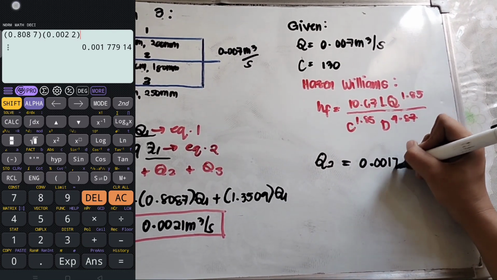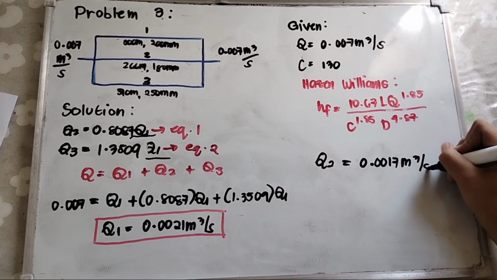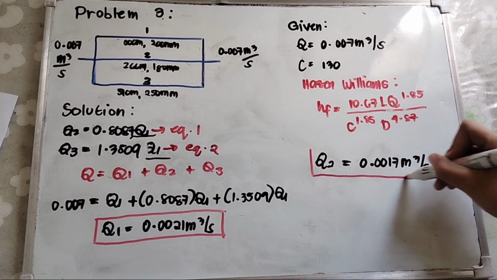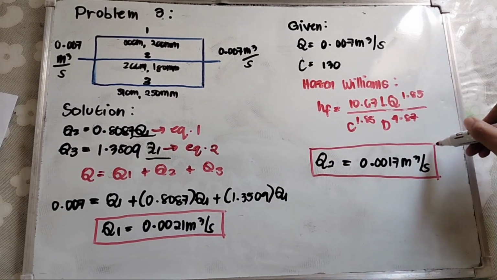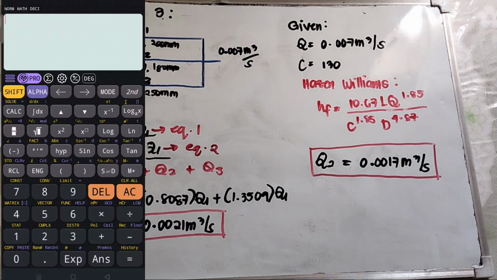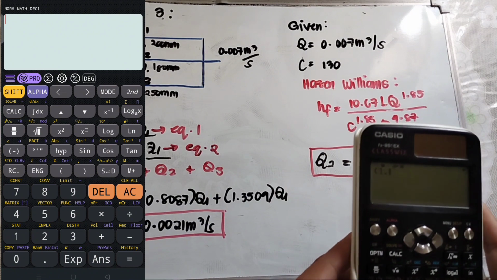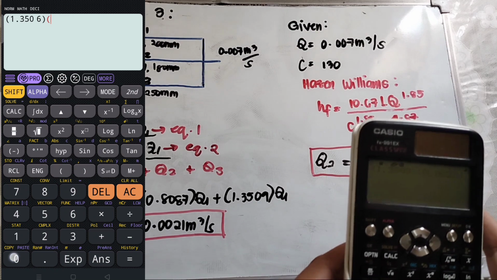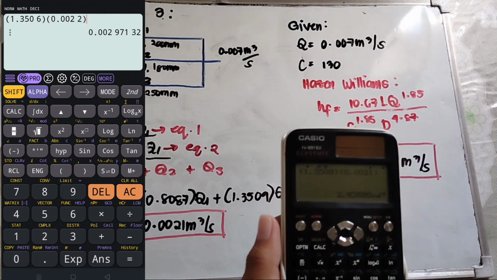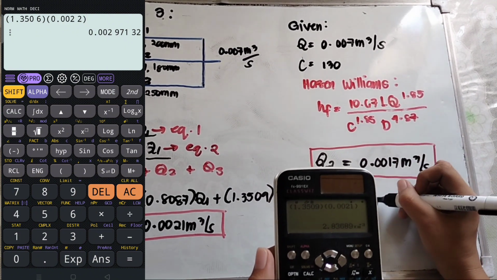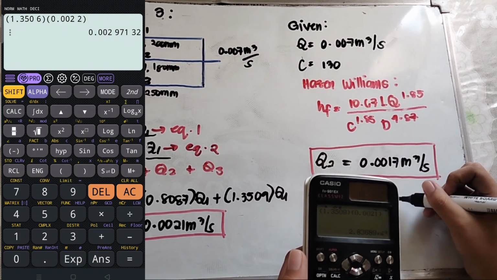So, our Q sub 2 is equal to 0.0017 cubic meters per second. We will use the same process to find our discharge at pipe 3. So we have discharge at pipe 3 is equal to 1.3509 times 0.0021, which is the value of our Q1. So our discharge at pipe 3 is equal to 0.0028 cubic meters per second.